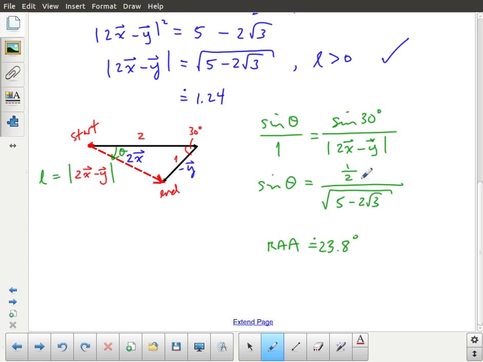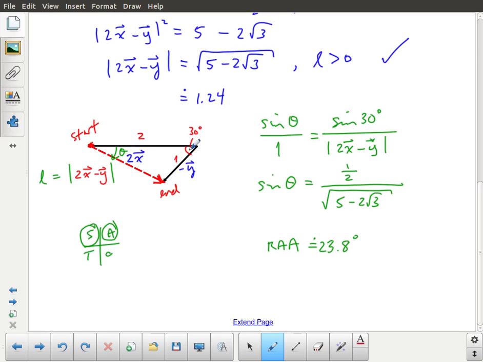And we've got this being positive, by the CAST rule, and this is why it's the ambiguous case, because it could be positive in quadrant 1 or quadrant 2. But if you think about that for a second, if it's in quadrant 2, then it would be 180 minus this, which is actually 156.2 degrees.